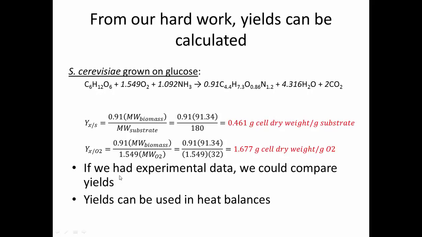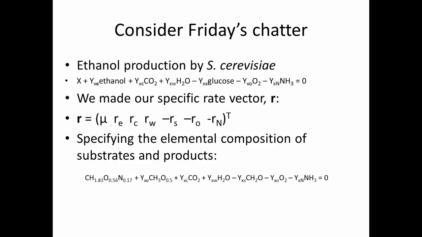And if we had experimental data that we wanted to look at, we could compare the yields from our experimental data with the yields that we calculated here. And we could also use those yields in heat balances if we so wanted to. And consider what we talked about today with looking at the yields and the rates of production here.